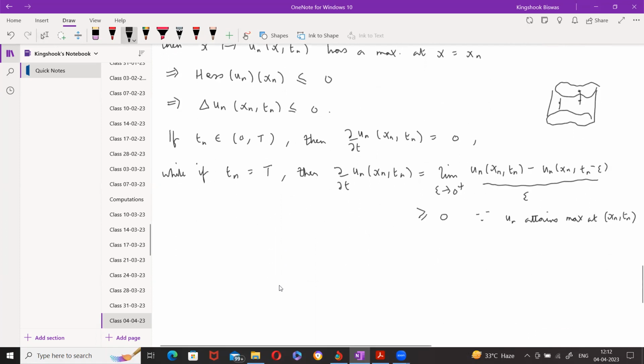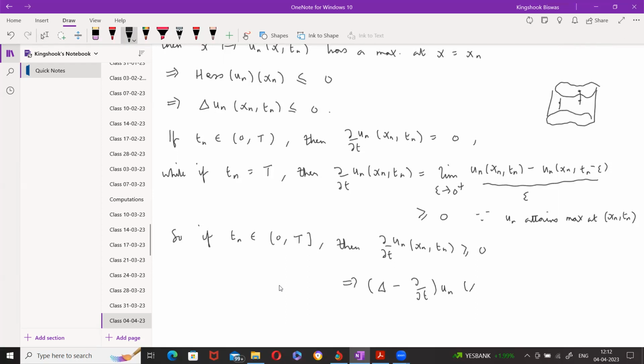So putting these cases together, if t_n belongs to (0,T], then what I get is that ∂_t of u_n at (x_n, t_n) is greater than or equal to 0, which implies that Laplacian minus ∂_t of u_n at (x_n, t_n) is less than or equal to 0, right?